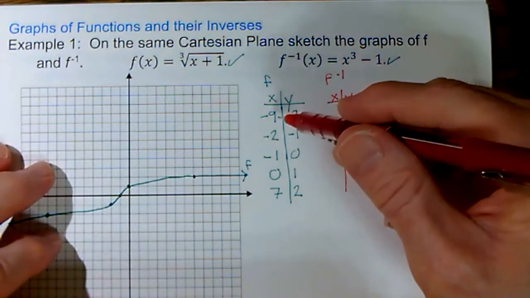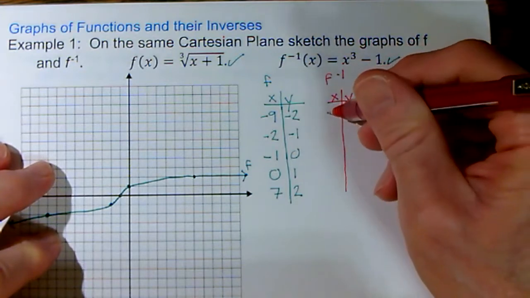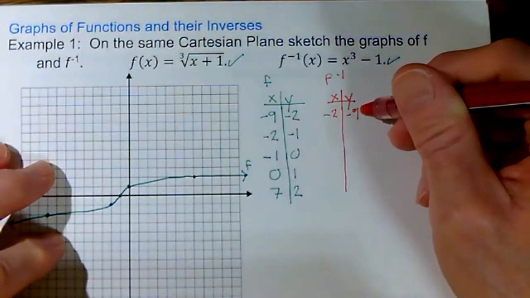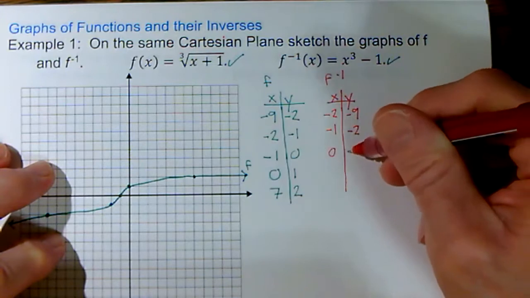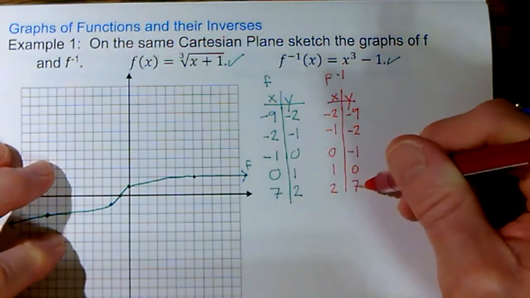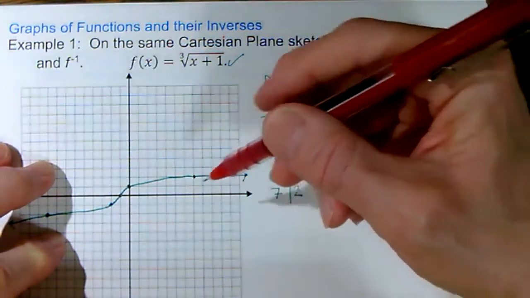So if I know some ordered pairs in the function, I can get some ordered pairs in the inverse by simply reversing the x and the y. X becomes y, y becomes x. And I would get these values instead, just literally flipping these ordered pairs around and plotting these points.